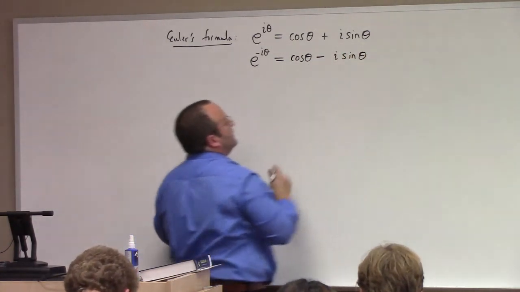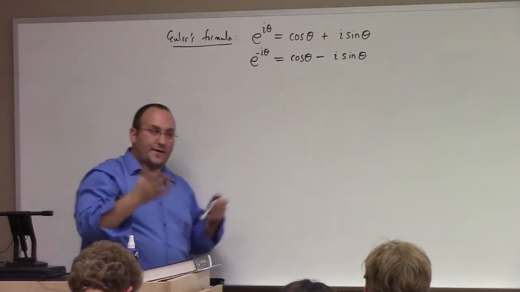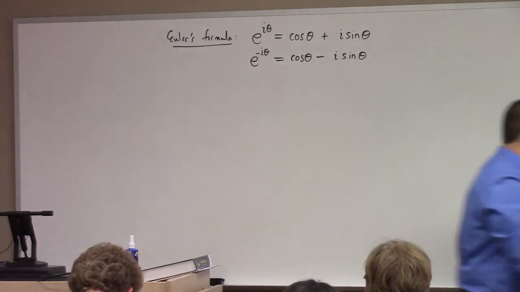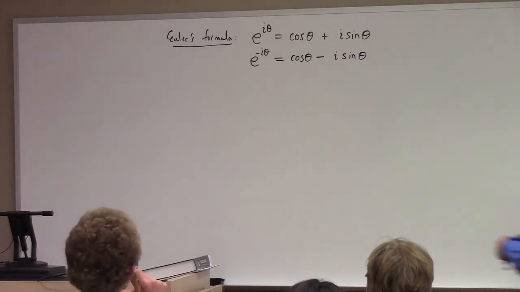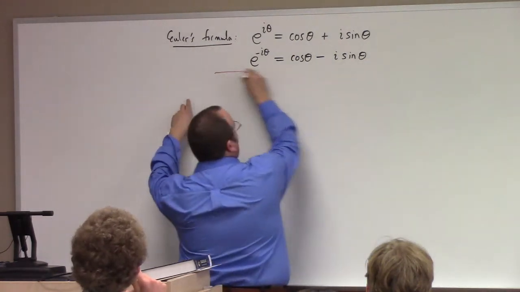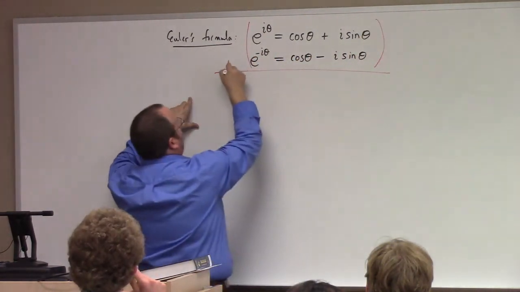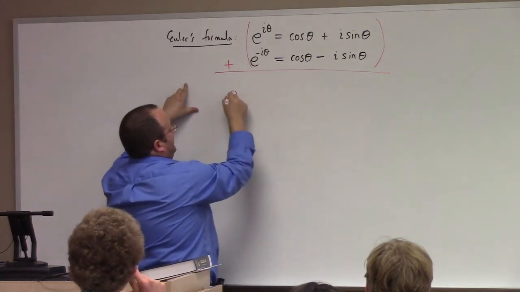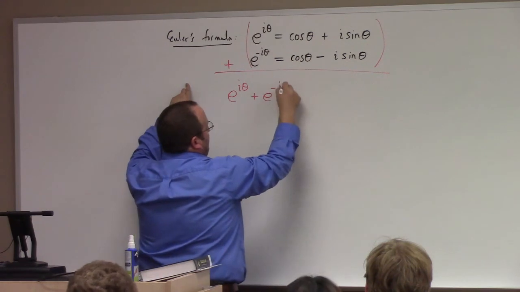So then you can just think about adding or subtracting these two equations. What happens when you do that? Don't tell the other math professors I did this. Okay, so e to the i theta plus e to the minus i theta is what?